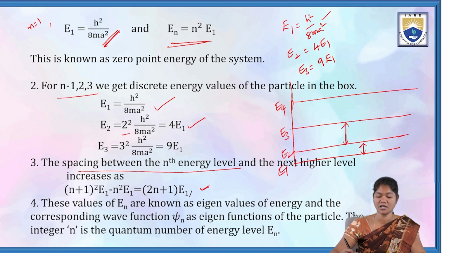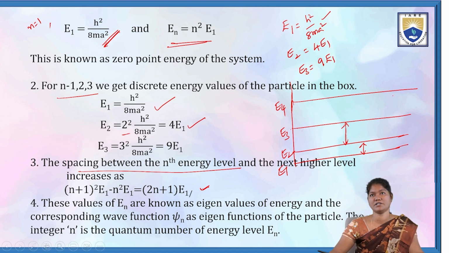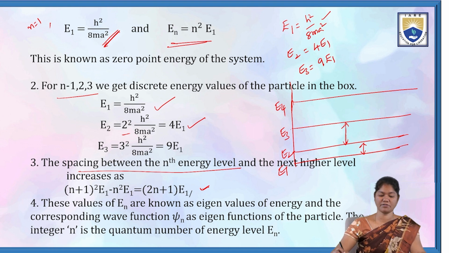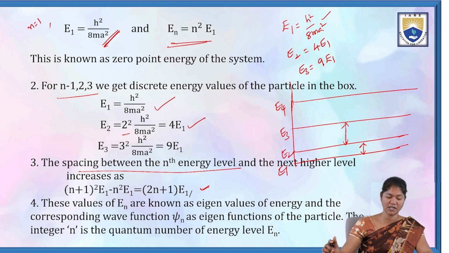So likewise, these are the spacings between the energy levels for a particle moving inside the potential box.